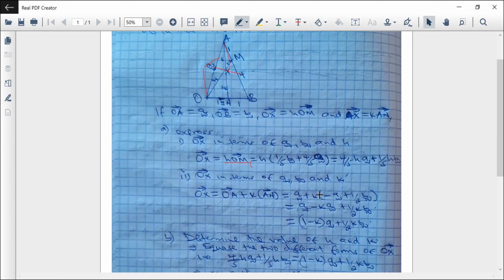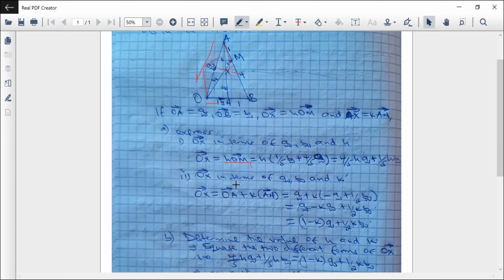Now, to get vector AN, it means you move from A to N. So it will be negative vector A because we're changing the direction, negative vector A, plus a half vector B, because N is dividing OB in the ratio 1 to 1, which means N is the midpoint.